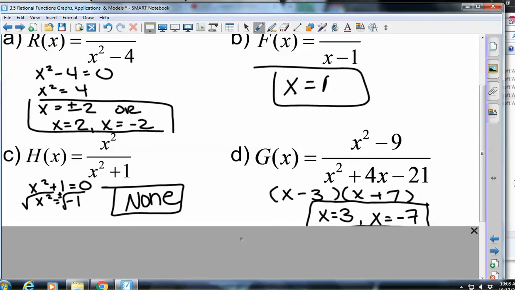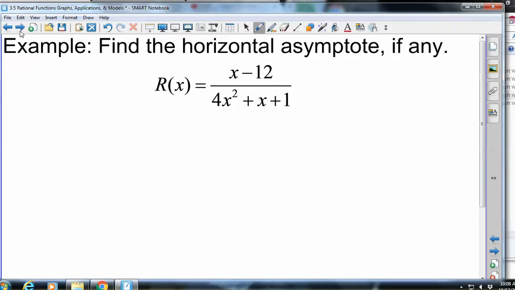Questions? Alright, so are you guys comfortable with finding vertical asymptotes? Let's find a horizontal asymptote.